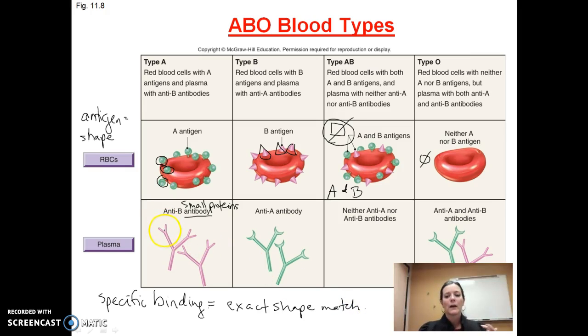So in this case, an A antigen would only be able to bind to an anti-A antibody because the shape matches the surface of the antigen, right? The anti-B antibody would only be able to bind to the type B antigen.